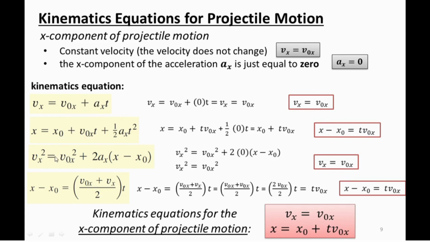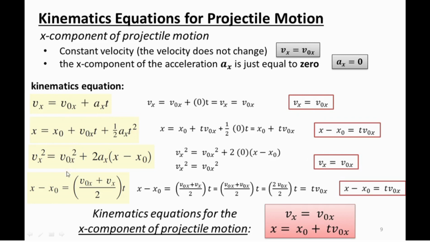The third equation, again, acceleration is equal to 0. And so we are left with the final x velocity squared being just equal to the initial x velocity squared, which will also reduce to this. So this equation is just equal to this.